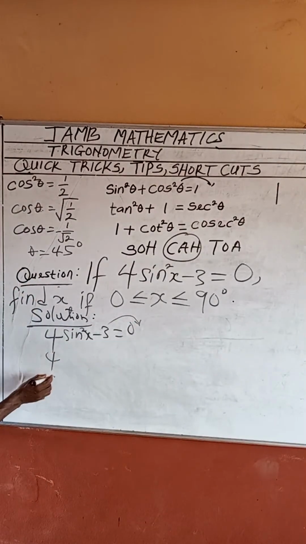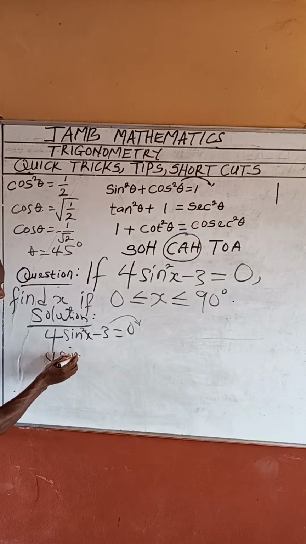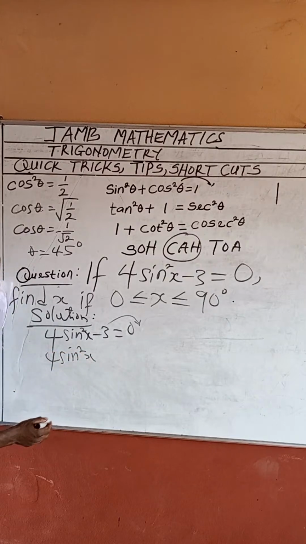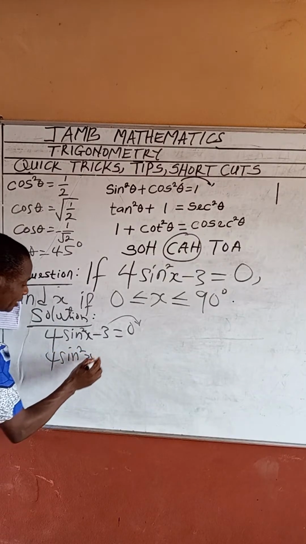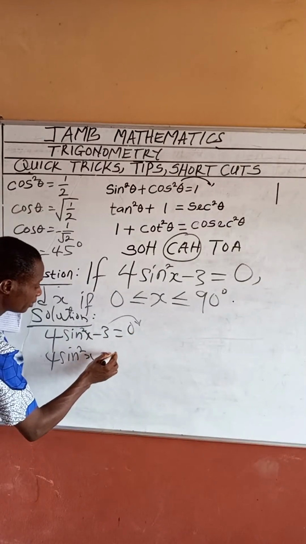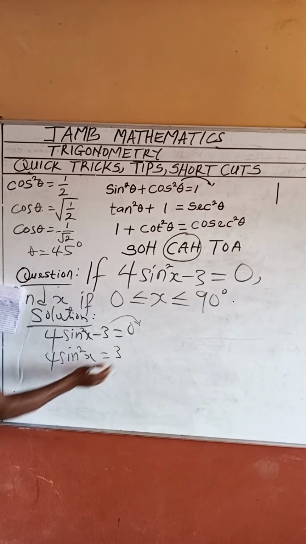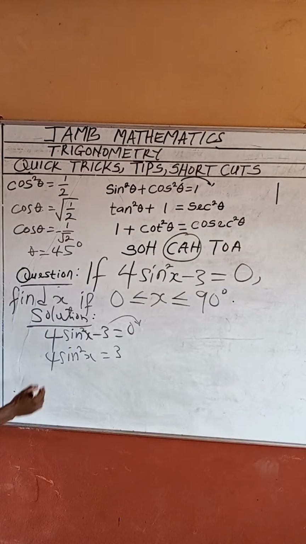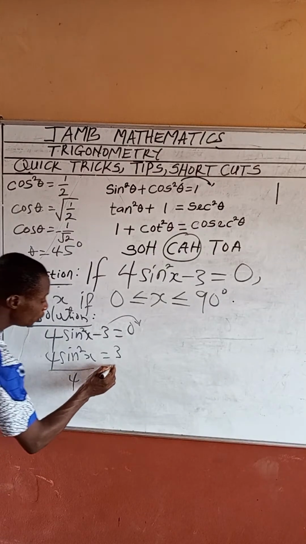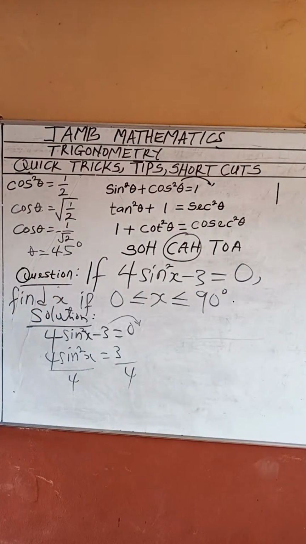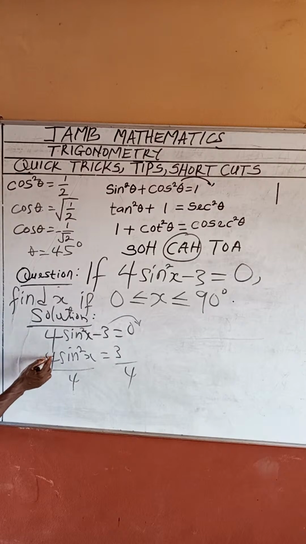So that gives us 4 sine squared x equals 0 plus 3. So 0 plus 3 is 3. Then we are going to divide by 4 on each of the sides. If we divide by 4 on each side, what are we going to get? 4 will cancel 4 here.